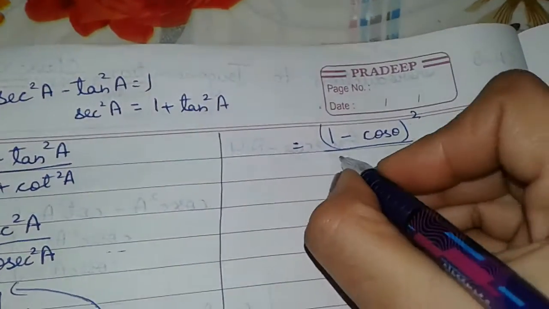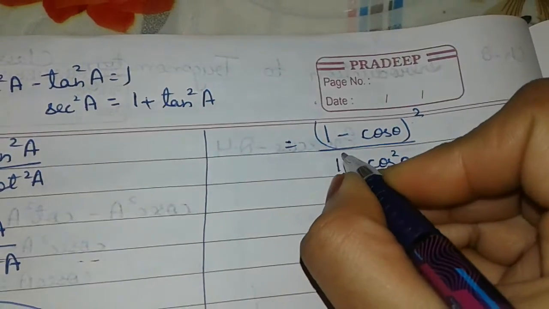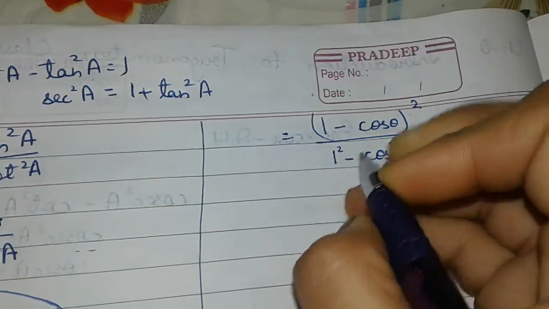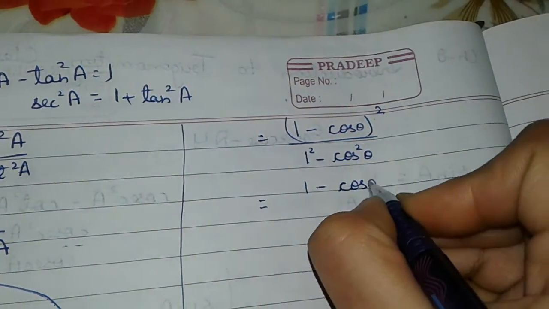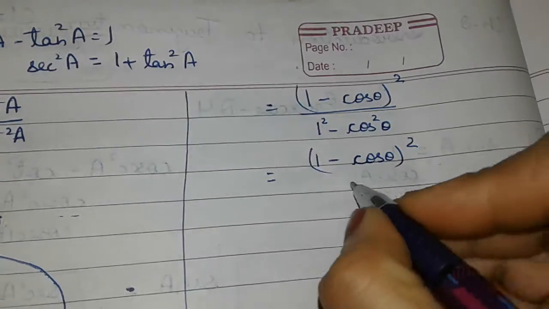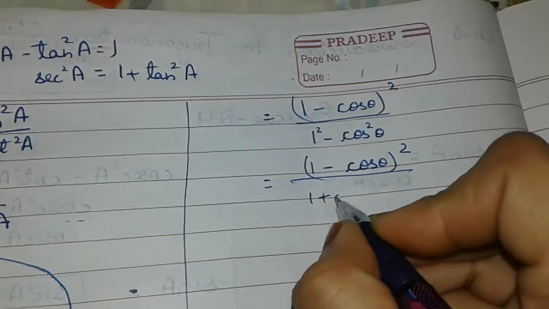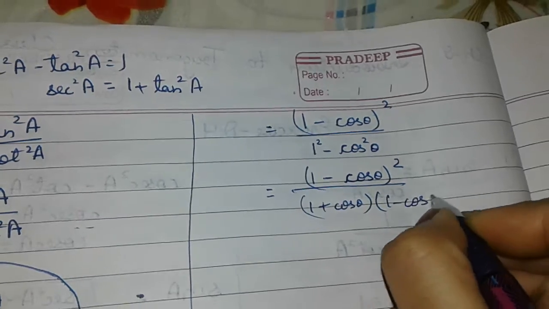Sin square theta will be equal to 1 minus cos square theta, and we can write square on the 1. The square of 1 remains same, so it can be written as 1 minus cos theta whole square, and we know that a square minus b square is a plus b, a minus b: 1 plus cos theta multiplied by 1 minus cos theta.